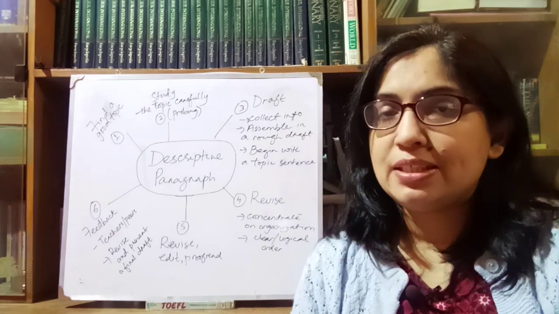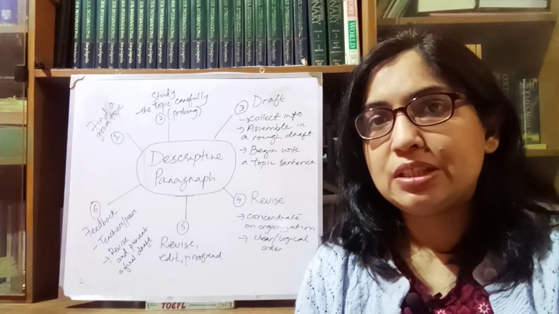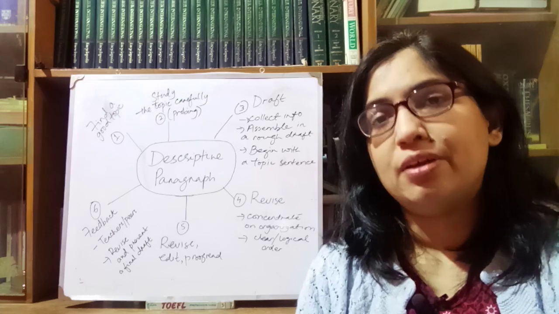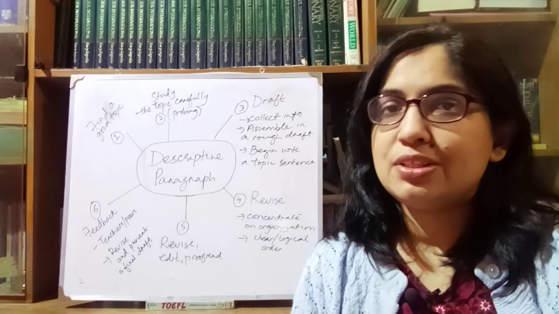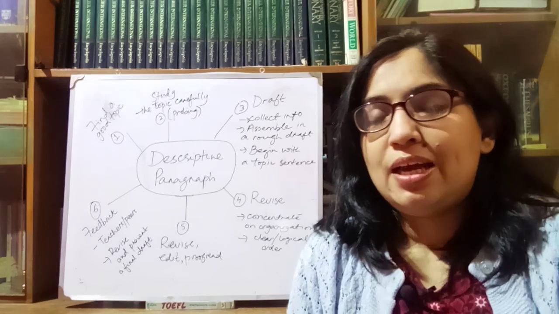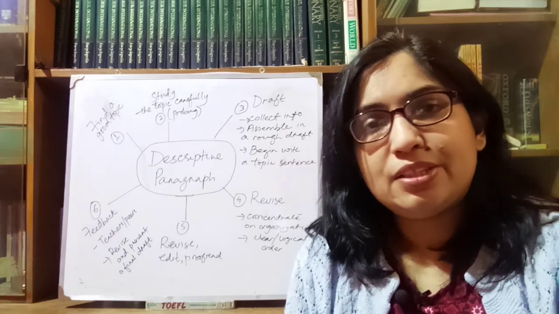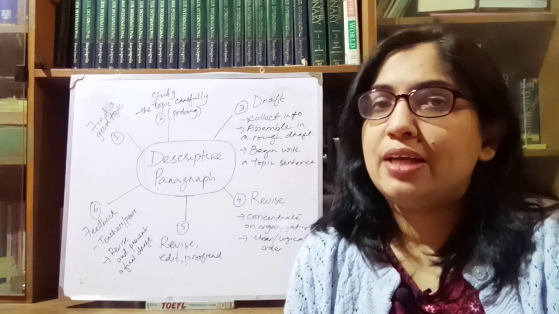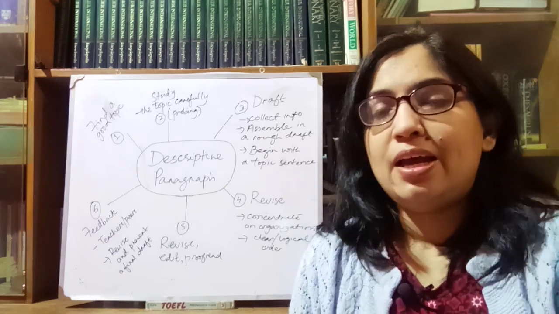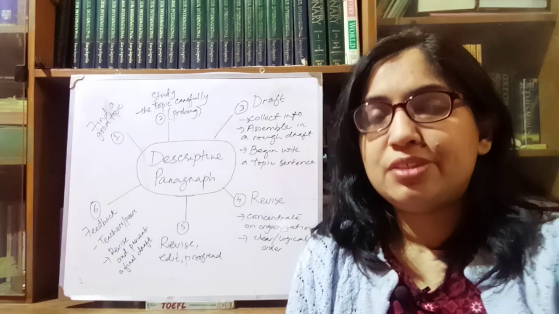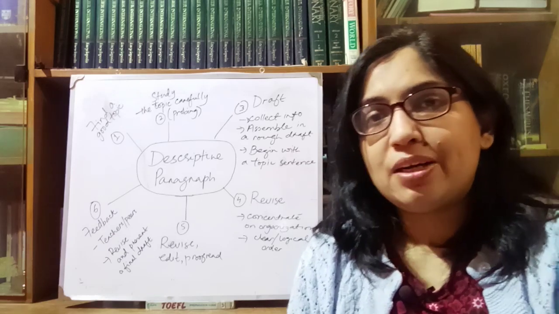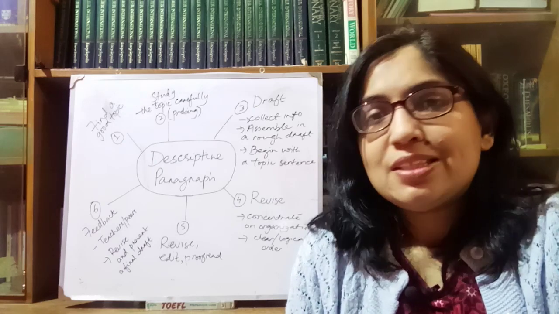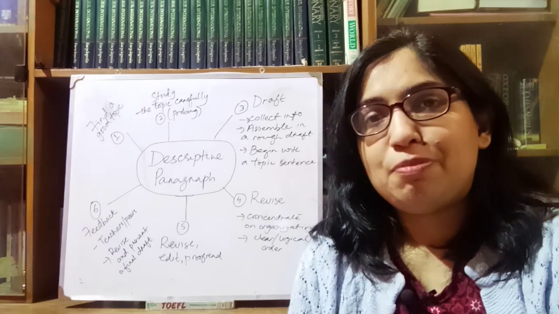When you have revised it, then again edit it and proofread it for small errors, and then present it for feedback to your teachers, to your classmates, to your peers, and they will give you their suggestions on how to improve your paragraph. Once you improve it, then your final draft would be ready, and after you have incorporated their suggestions, then your descriptive paragraph would be free of errors, and you will see that it was such a simple task to write a descriptive paragraph.